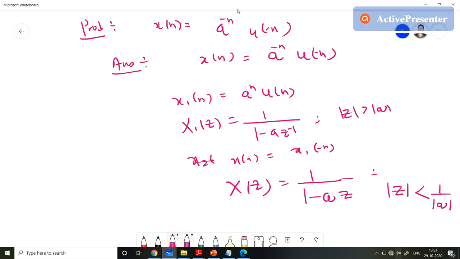Here we have ROC R, here we have ROC R dash, which equals 1 by R, since we are applying the inversion to the ROC. So this is the z transform of a raised to the power minus n u[minus n]. Let us do another problem.